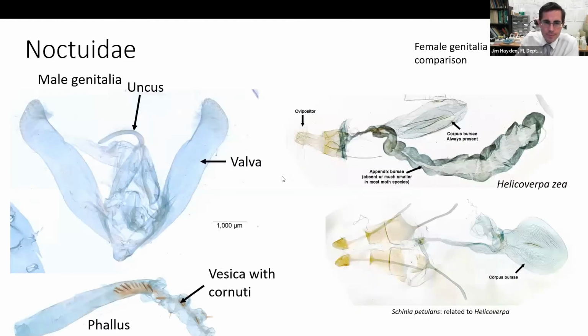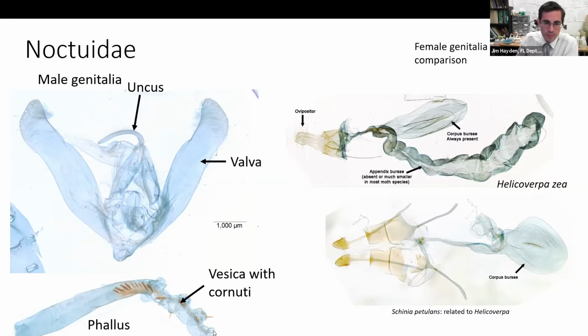Here's the noctuid, which you'll be dissecting. Here are the valvae on the left and right, and the uncus coming down from the top. The phallus is this thing, which is always removed in the dissection. The phallus would be coming out through here, but I've taken it out, and this is what it looks like.